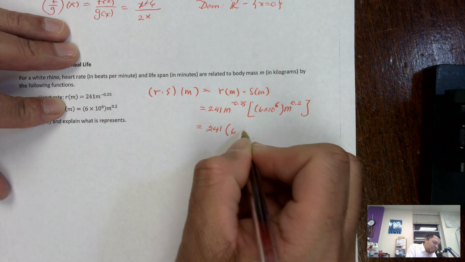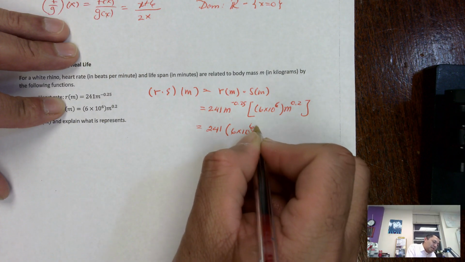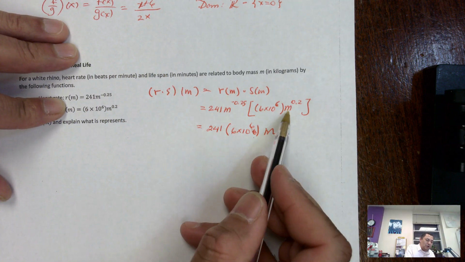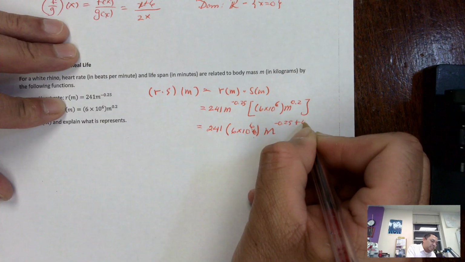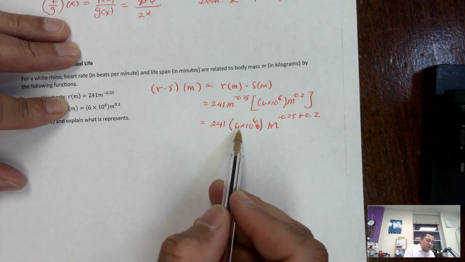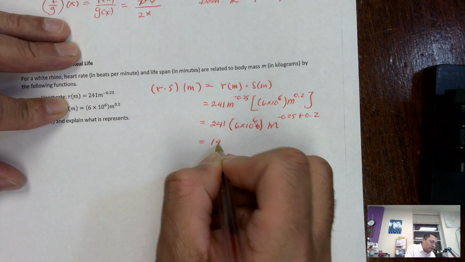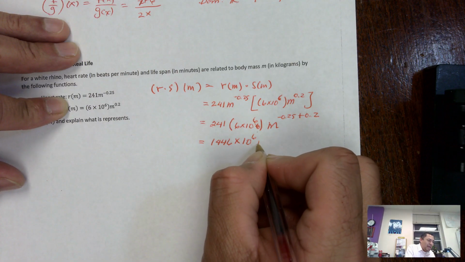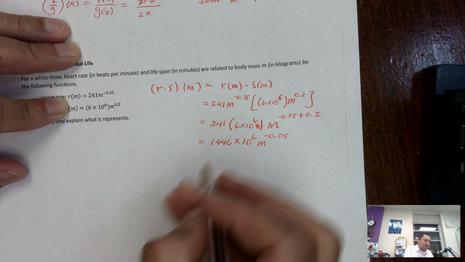We're going to have 241 times 6 times 10 to the 6, and then we're going to have m. Remember, the bases are the same, so we're going to add negative 0.25 plus 0.2. And 241 times 6 times 10 to the 6 is equal to 1,446 times 10 to the 6 power, m to the negative 0.05, if you use the calculator.